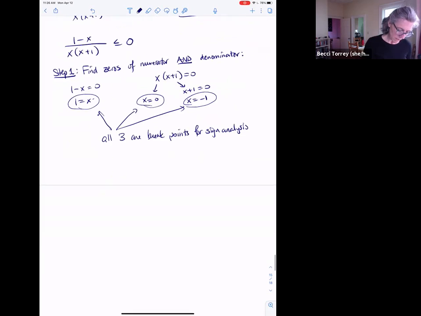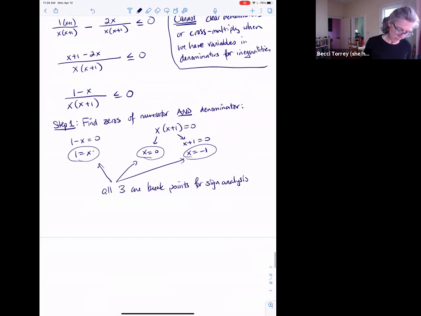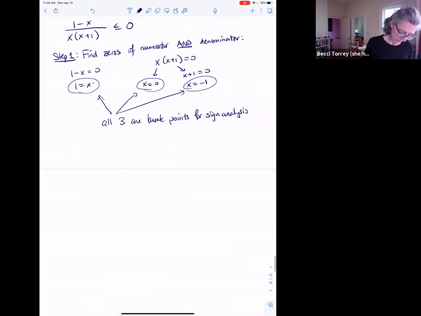I'm going to set up my number line with minus 1, 0, and positive 1.